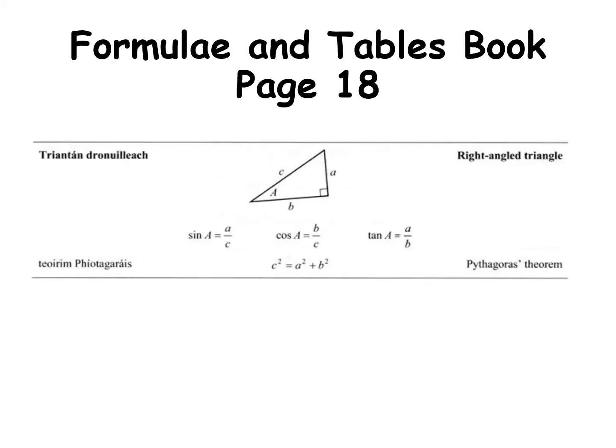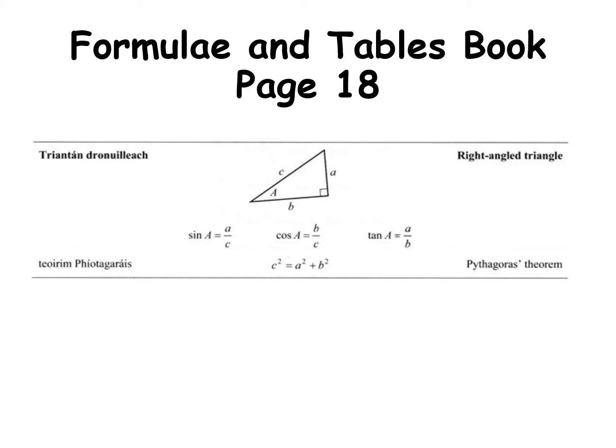So for this video, we're going to look at specifically right angle triangles, and this is a section from page 18 of your formula and tables book. As we work through the video, it will be a really good idea for you to have your log tables open on page 18. Two sets of formulas are important here: our sine, cos and tan trigonometric ratios, and then there is also Pythagoras' theorem.